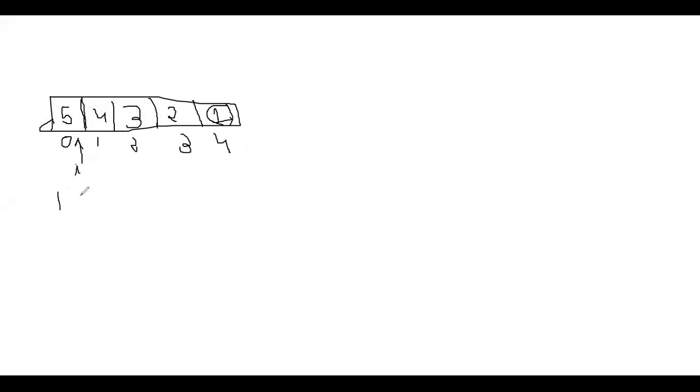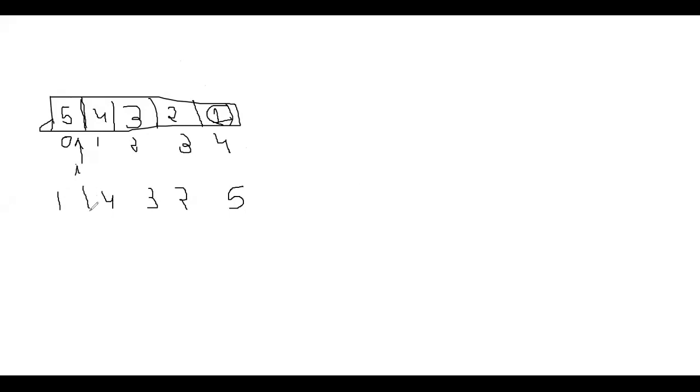So now I have 1, 4, 3, 2, 5. How we put this element there is we just swap two elements: the element present at the current location with the minimum element.